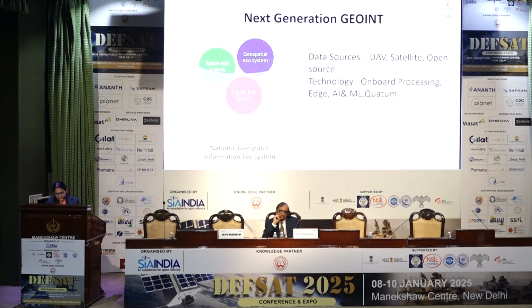Now coming to this slide, it shows three ecosystems. One I was mentioning, the space ecosystem with space reforms, space assets, stakeholders, etc. The other is the digital ecosystem with cyberspace and other digital technologies like AI/ML, quantum, digitization.